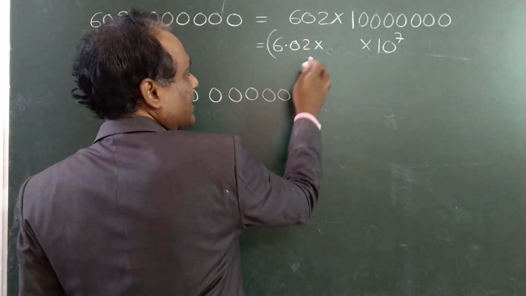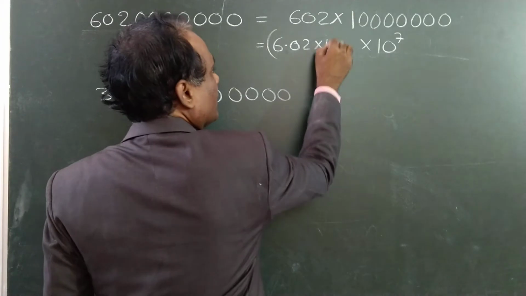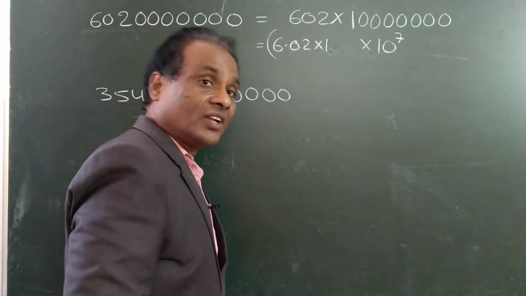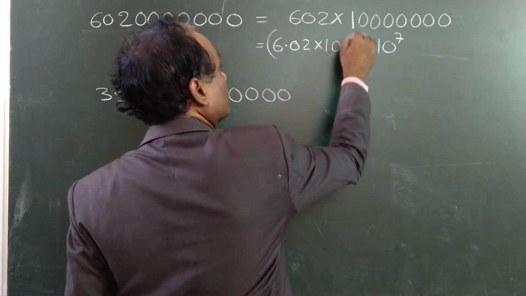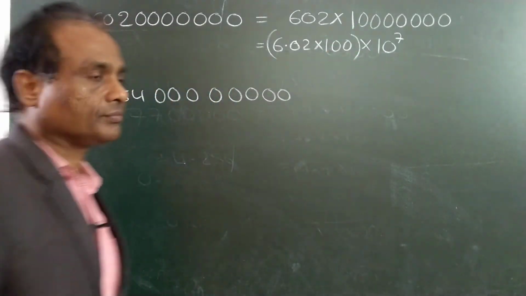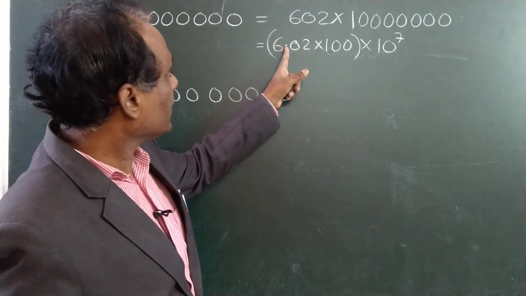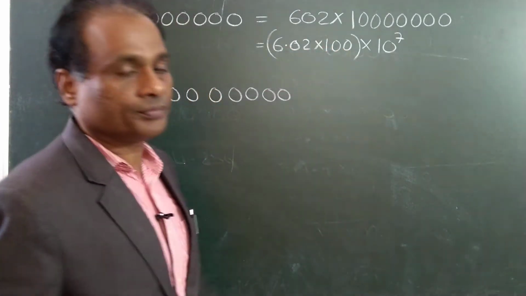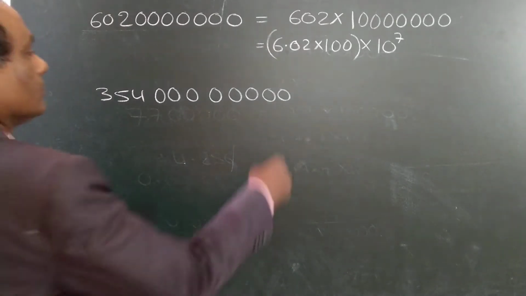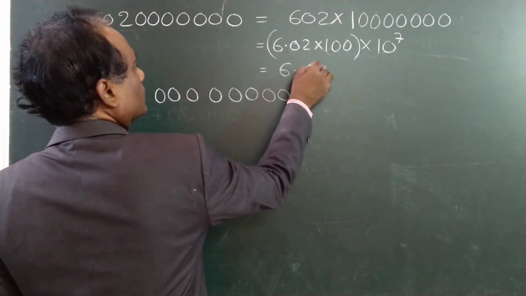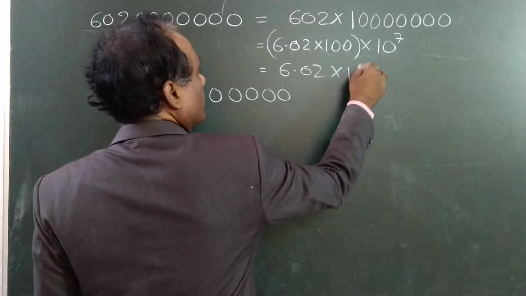We can't directly write 602 as 6.02. Something we have to write. If you are keeping the decimal, we have to multiply by some zeros. After decimal 2 digits means 2 zeros. After decimal 2 digits are 2 zeros. So 10 square into 10 to the power of 7.